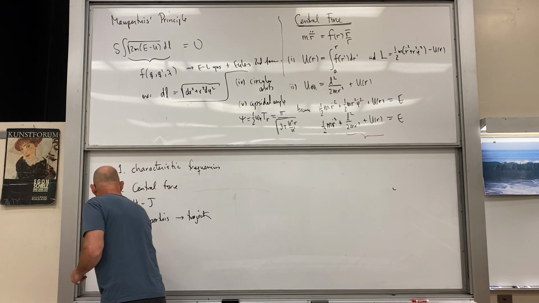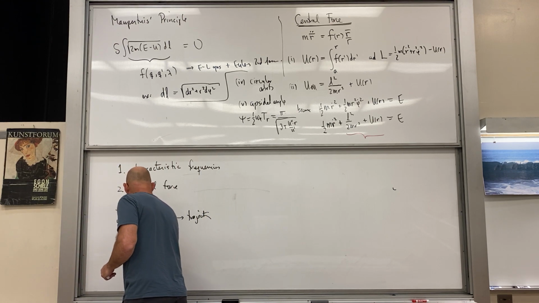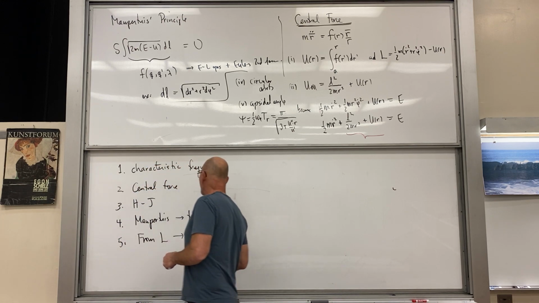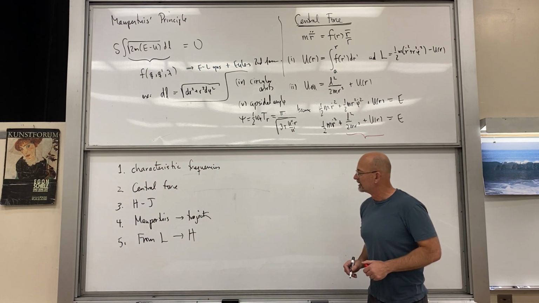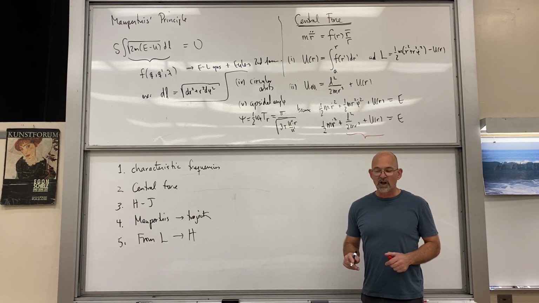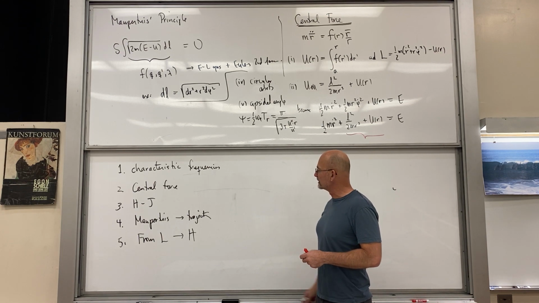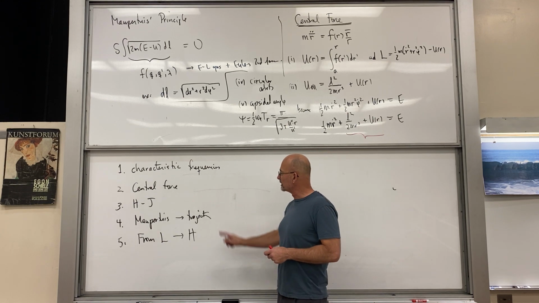And we have to be able to go from Lagrangian to the Hamiltonian. And that's pretty much all of the themes of the semester. There's variational calculus in here, there's Hamilton-Jacobi theory.